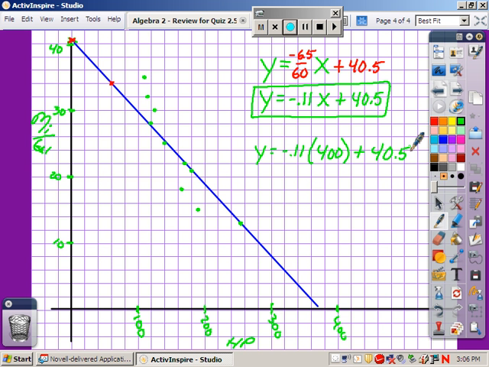So again, this is probably a calculator problem. I'm going to take 400 times negative 0.11, then add 40.5 to it. My answer is actually negative 3.5. Well, that seems kind of weird, but that's what happens in our equation, so I'm going to go with that.